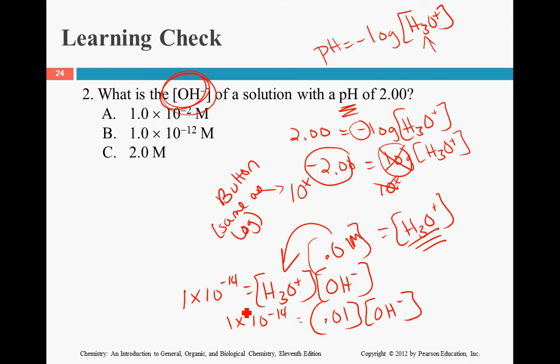So we're going to divide 1 times 10 to the negative 14 by 0.01. These cancel. That leaves us with OH minus is equal to 1 times 10 to the negative 12.